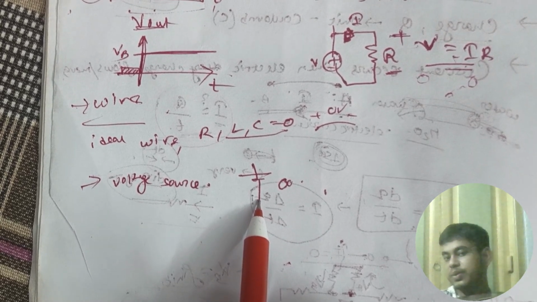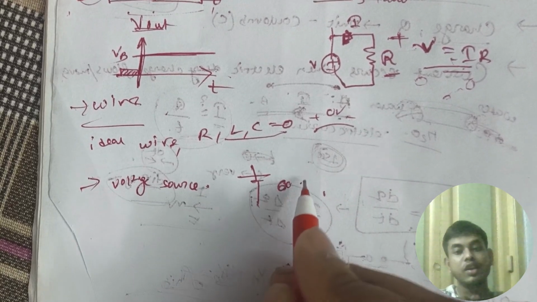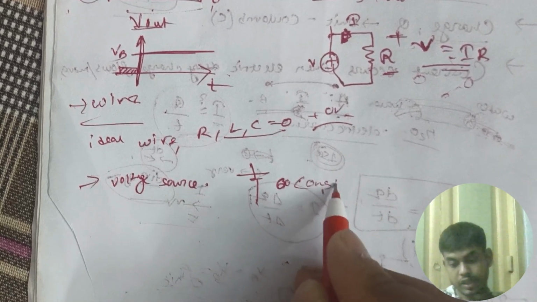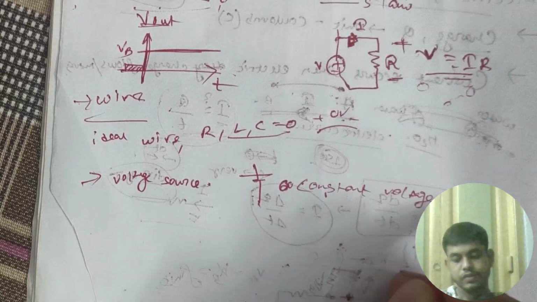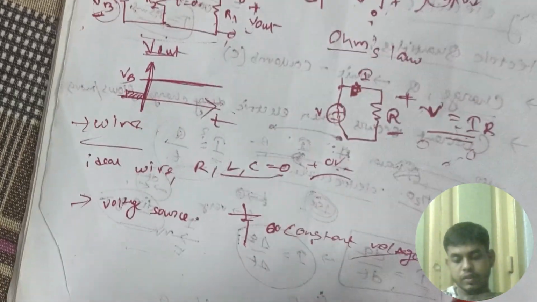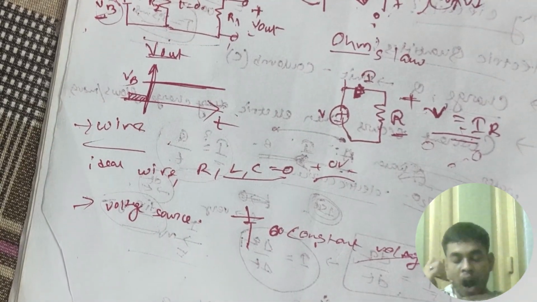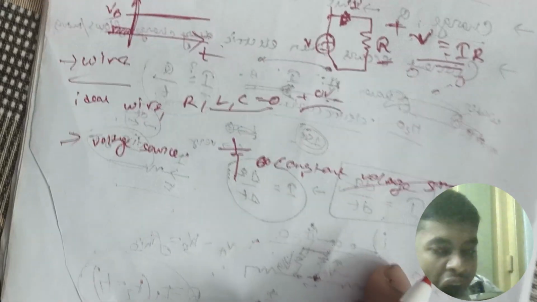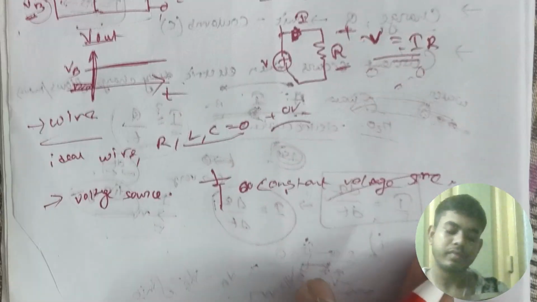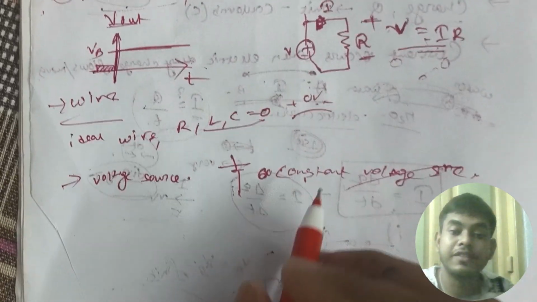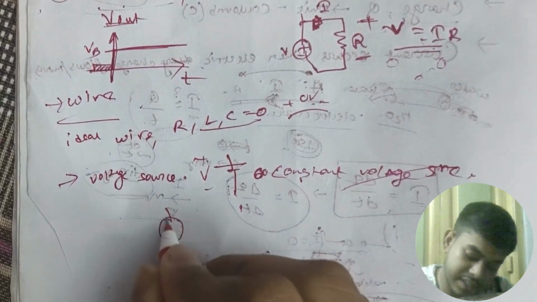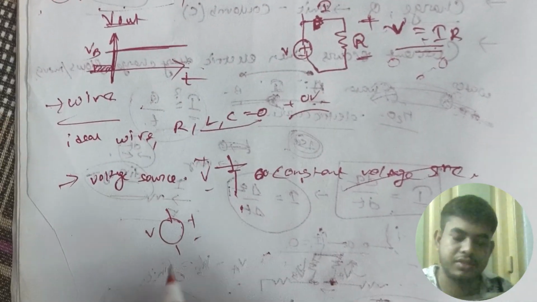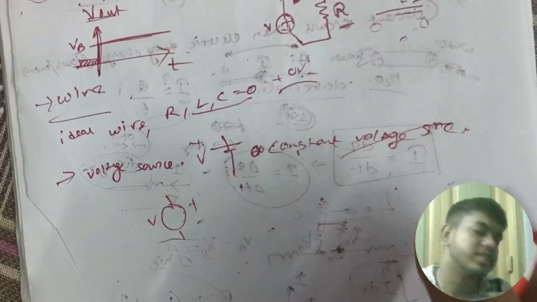This is the sign of a constant voltage source. This is the generalized voltage source.